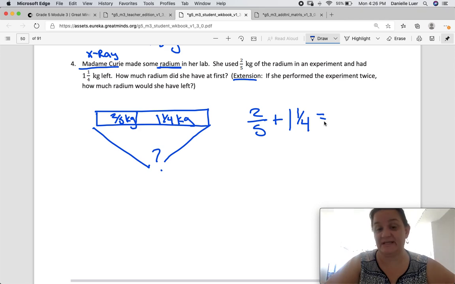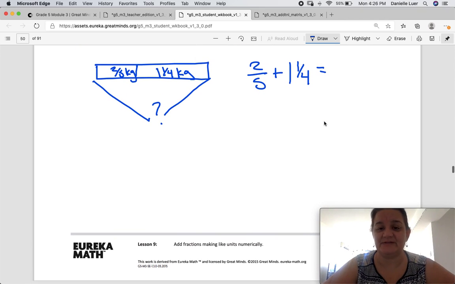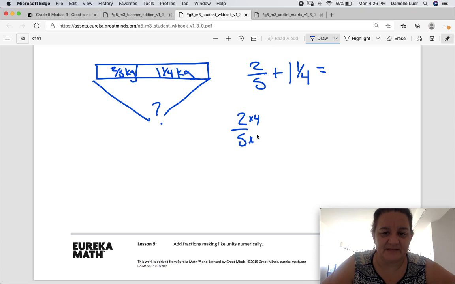But we need common denominators to add those two. So 5 and 4, we can just multiply those together and get 20. So 2 times 4 and 5 times 4 would be 8/20. Plus, I'm just going to put the 1 in the middle there, 1, plus 1/4.